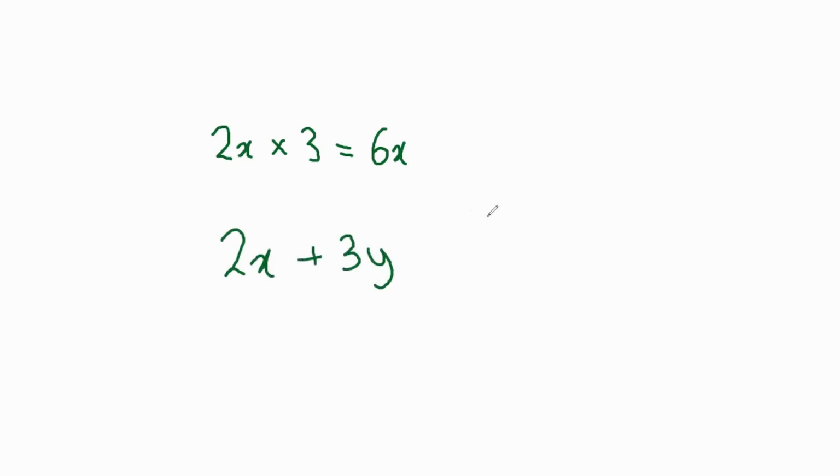Yes, we have two terms here. This is one whole expression, and we have two terms, which are 2x and 3y. The terms in an expression are separated by a plus or a minus sign. So this particular expression has two terms.